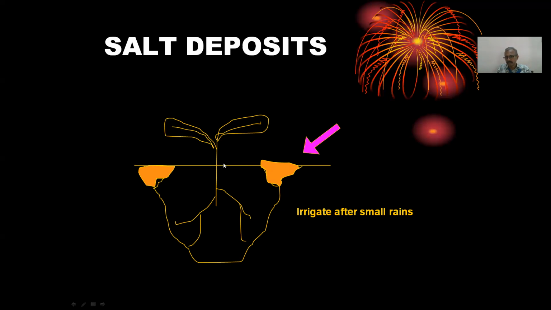When drippers are operated at this place or at any place, the salts deposited over the surface again get washed towards the periphery. So if you examine the salinity content in a drip irrigated field, you will find that all the saline deposits would have got deposited at the periphery.